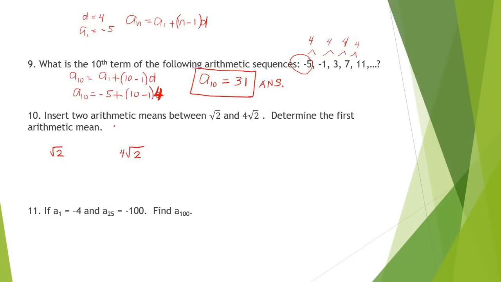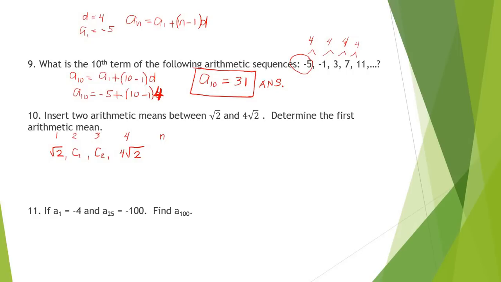And we are required to insert 2 arithmetic means. We may insert these two arithmetic means C1 and C2. And to determine our number of terms, this is our first term, second term, third term, and our fourth term.